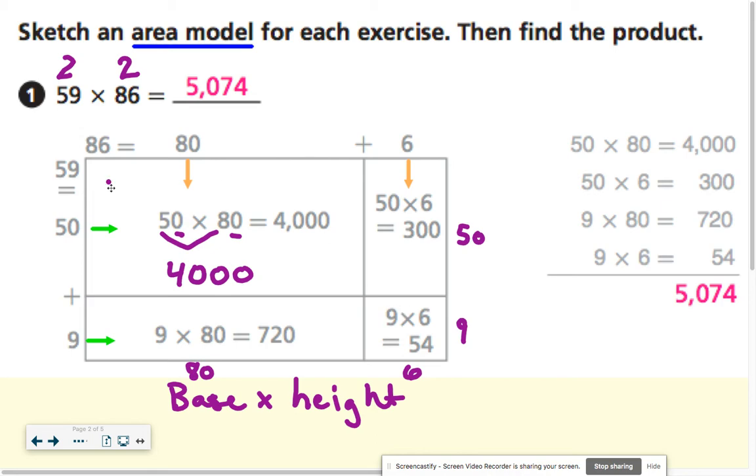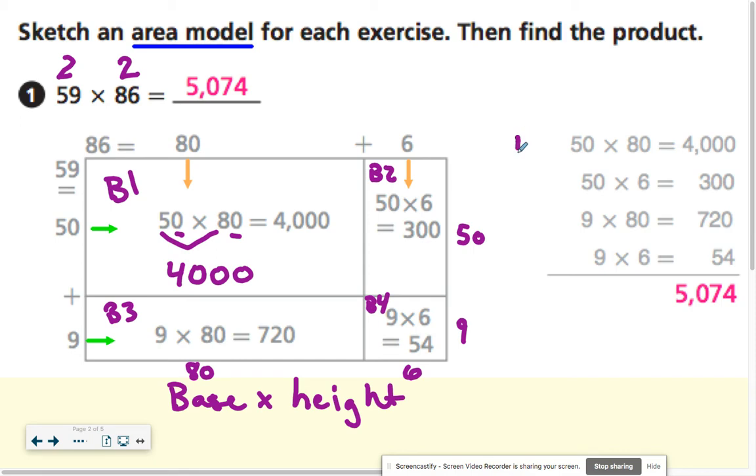We're going to call this one box 1. This one's going to be box 2. We have box 3 and box 4. If you show your work right within the boxes, you really don't need to do this step over here.